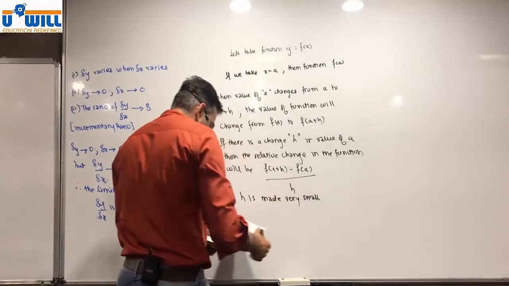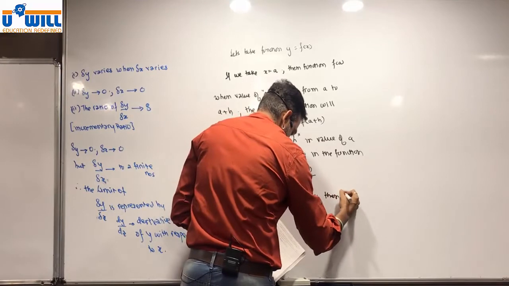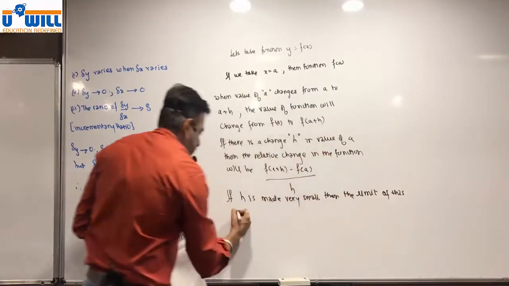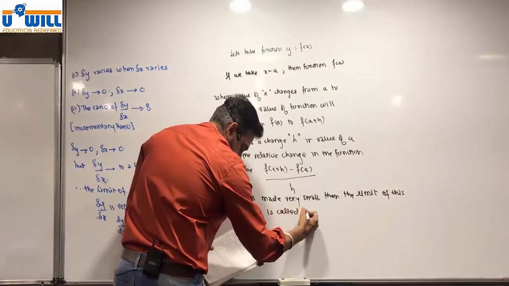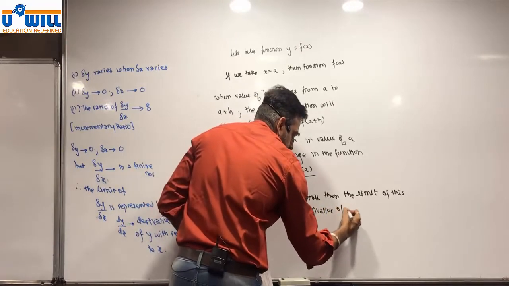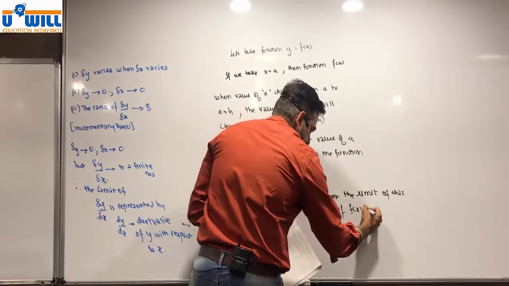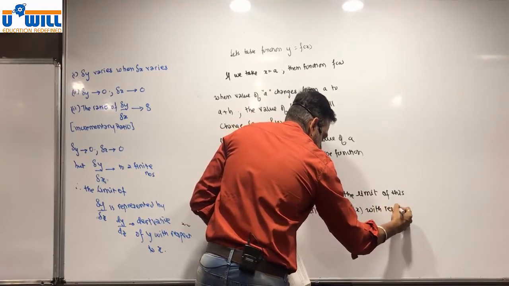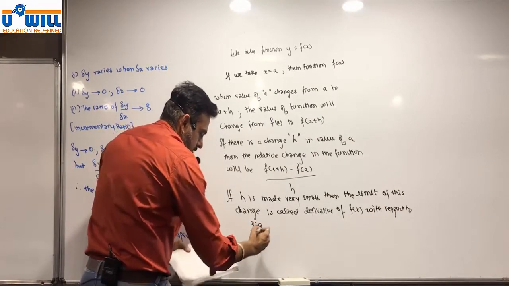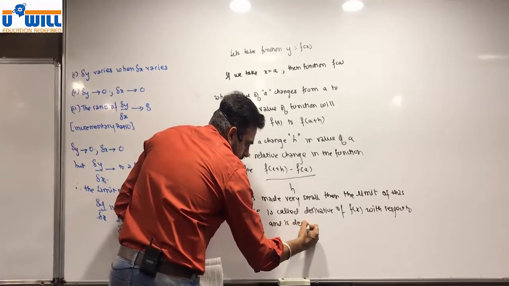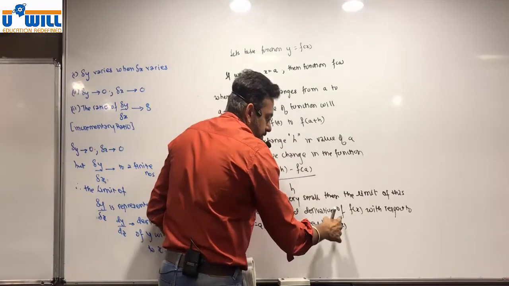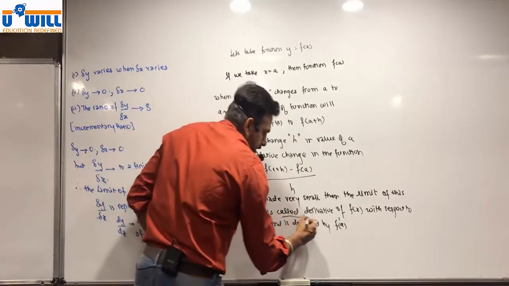Then if h is made very small, then the limit, अब हम आगे point पे limit पे of this change is called the derivative of function of x with respect to x is equal to a, and is denoted by f dash a. f dash a is called derivative.